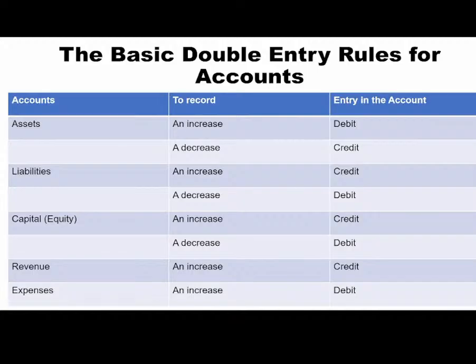For capital equity, an increase, we credit, a decrease, we debit. For revenue, an increase, we credit, and an increase in expense, we debit. So those are the basic double entry rules.